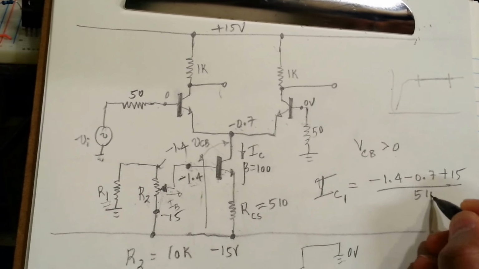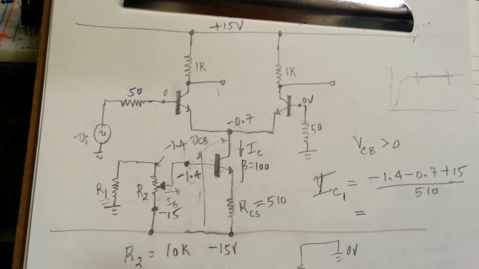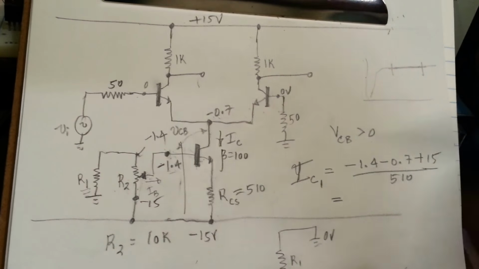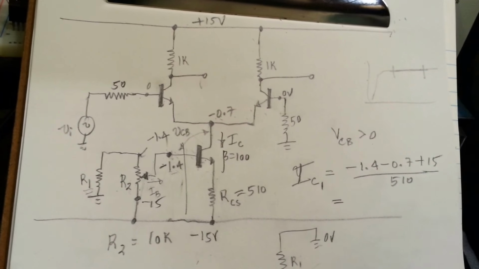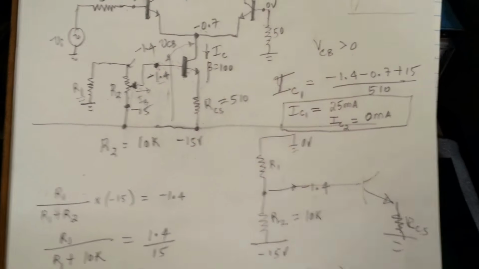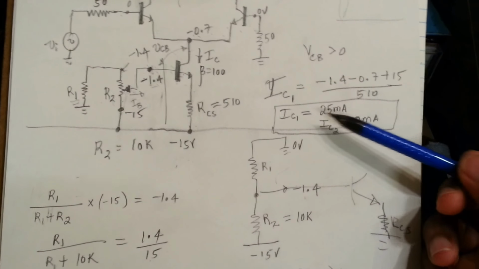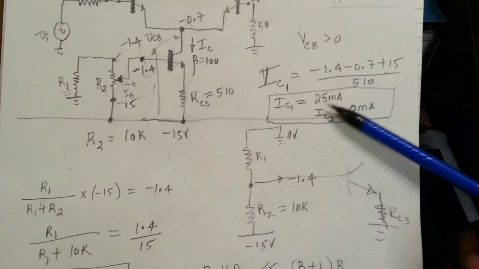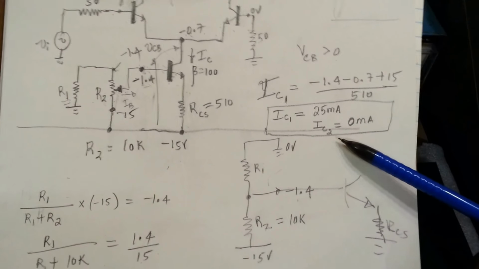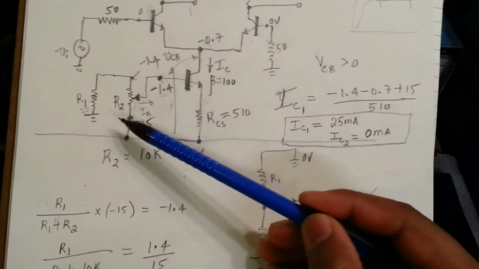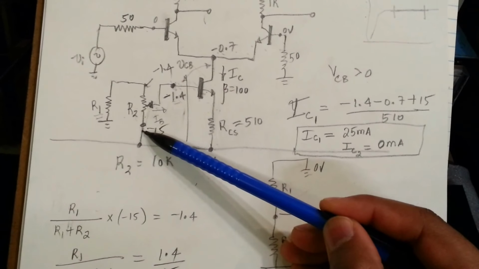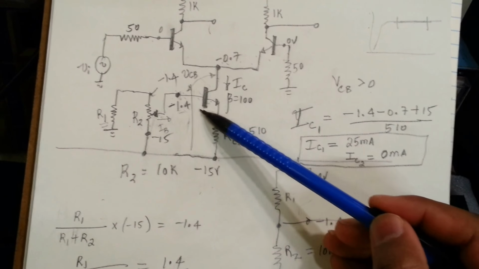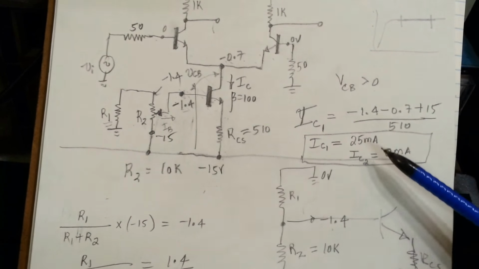So this will be one of the extremes of the current, which is the highest current that we'll be getting flowing through here. So the two extremes of the current: the highest current we'll be able to sink through here will be 25 milliamps, and the smallest one will be 0 milliamps, because when this tap is right here, it's hitting minus 15, so this base emitter junction is turned off, so we'll get 0.